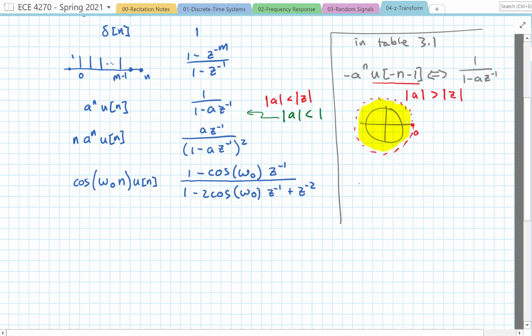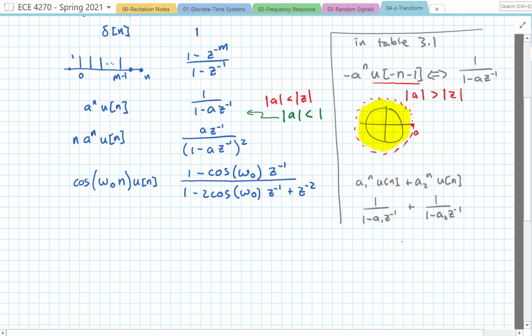Let's assume we had a1 to the n, u of n, plus a2 to the n, u of n. Since the Z-transform is linear, just as the DTFT is linear, this would transform into 1 over 1 minus a1 z to the negative 1, plus 1 over 1 minus a2 z to the negative 1.